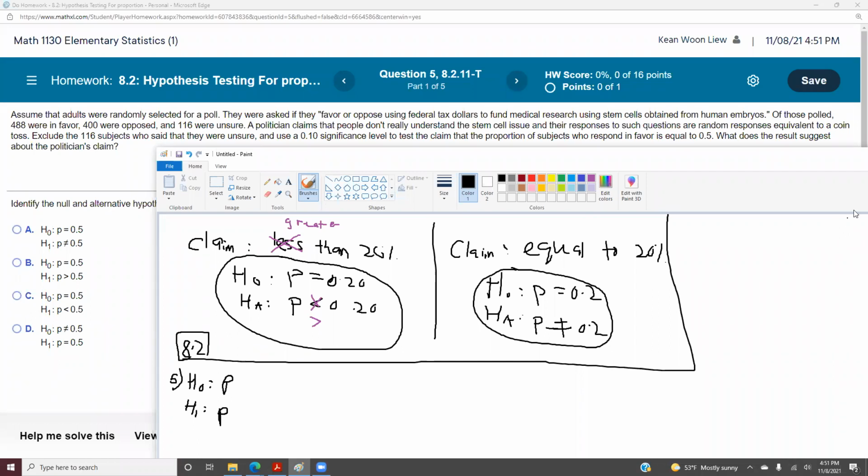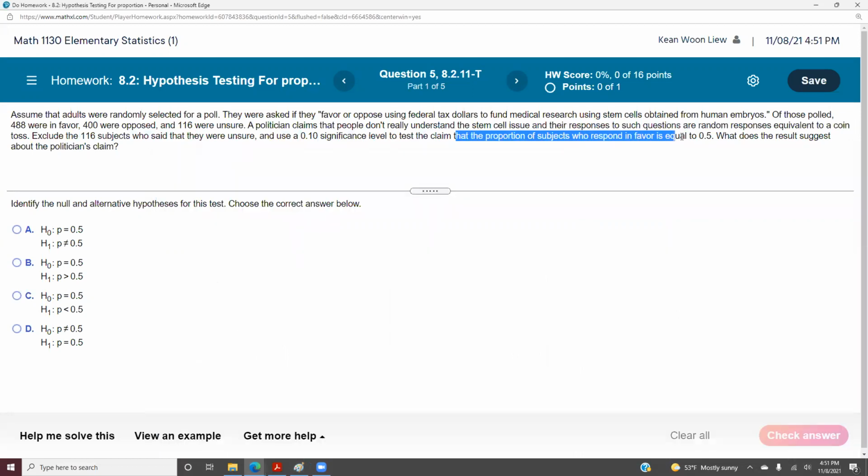It's very similar to what we just did, right? The claim statement is that the proportion of subjects who respond in favor is equal to 0.5. Yep, so this is the claim statement here.